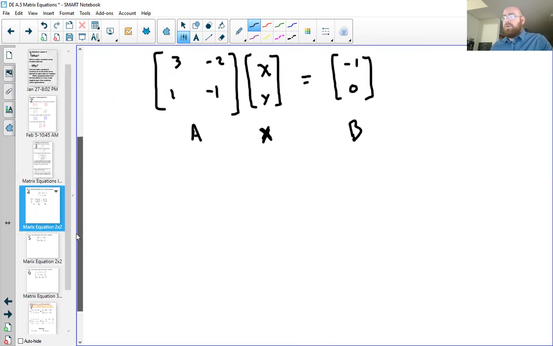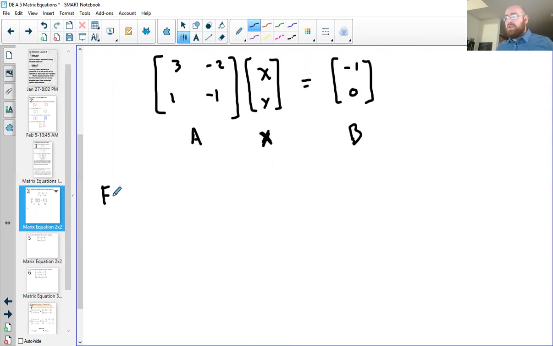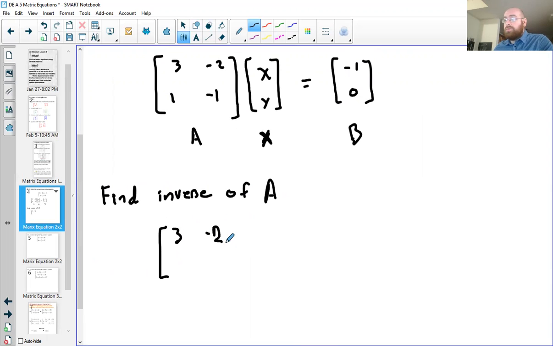Next, we need to find the inverse of A. So to do this, we're going to augment our matrix, 3, -2, 1, -1 with the identity matrix 1, 0, 0, 1.